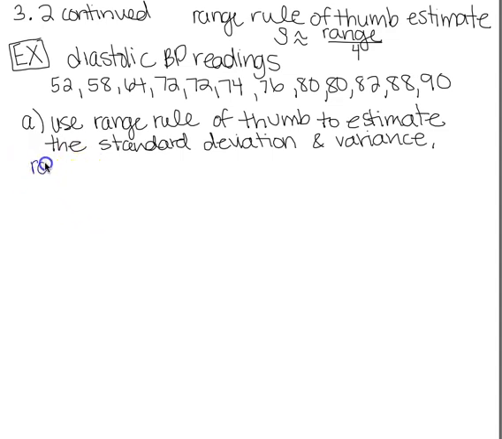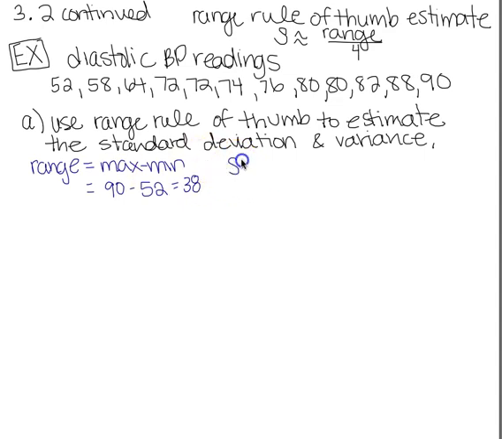So the range we get by taking the max minus the min. Since they're in order, the max is 90, the min is 52. That gives us 38 for the range.